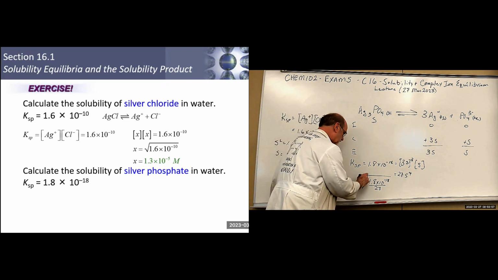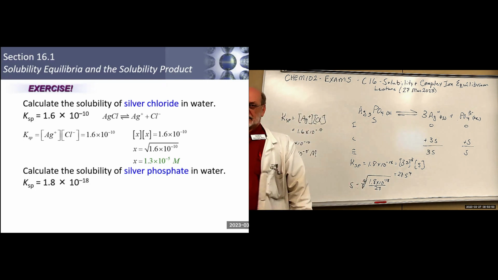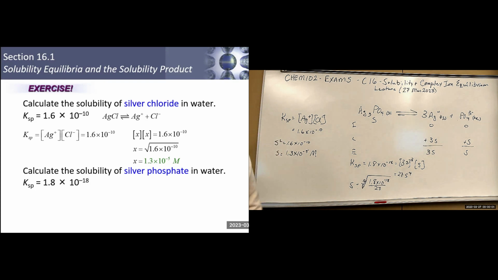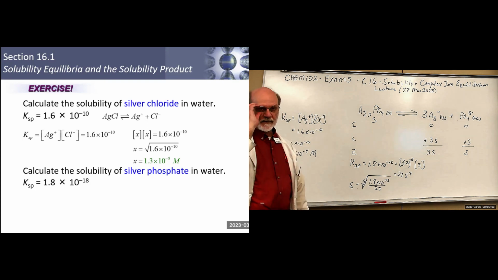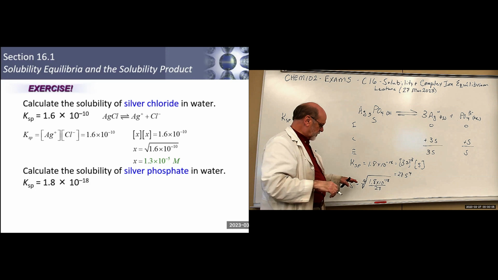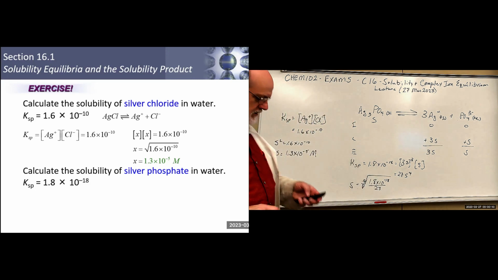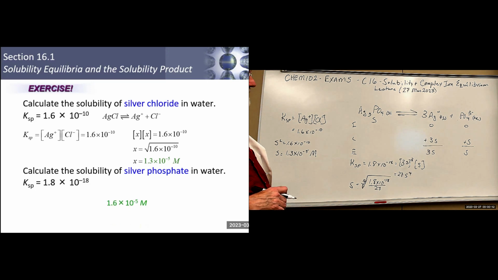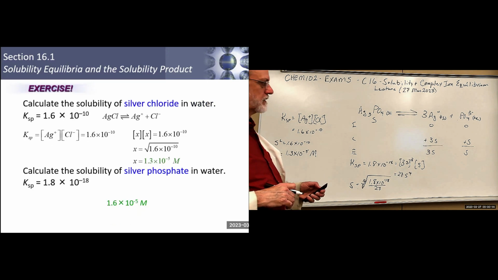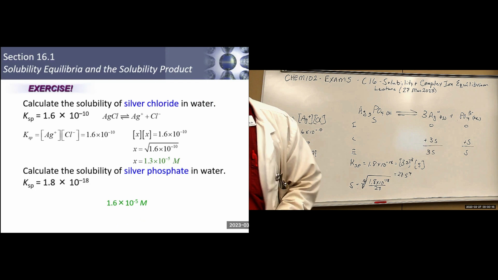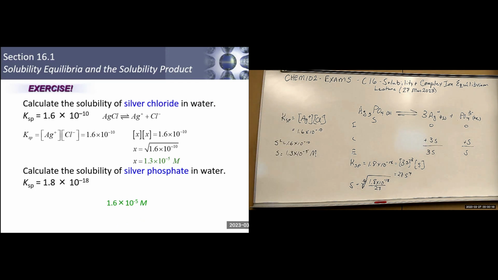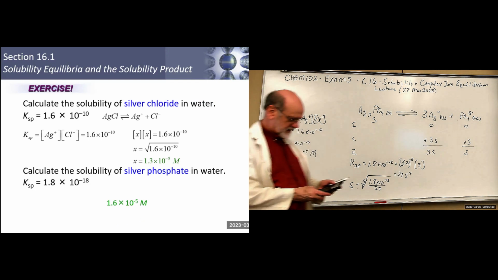Now, all calculators don't have the ability to do more than square roots. So what would we do? Well, let's find out what this value is first. 1.8. See, do I have it up there? No, I just have the answer. 1.8 times 10 to the minus 18.